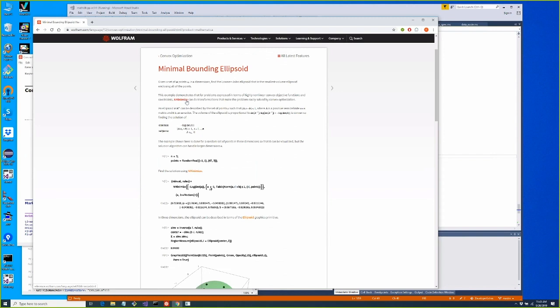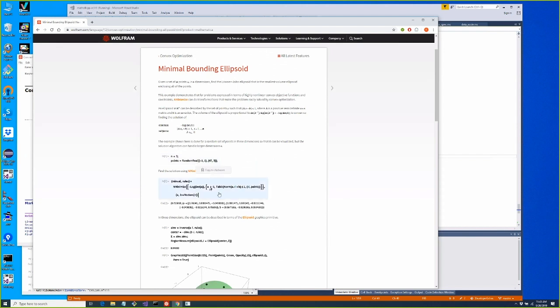It turns out that the objective here is I want to minimize the log of the determinant of A, because the volume of the ellipsoid is proportional to the determinant of the inverse of A, and the log of the determinant of the inverse of A is convex. So we can do this with convex optimization.